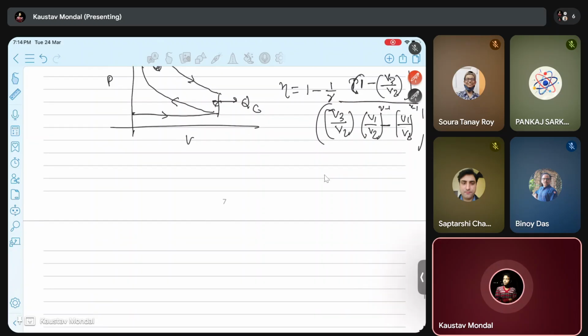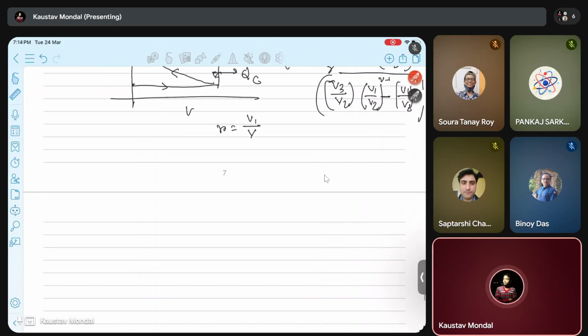Here you can write the compression ratio R as V1 by V2, and you also define another ratio, the fuel cutoff ratio, which you can denote as rho and define as V3 by V2.